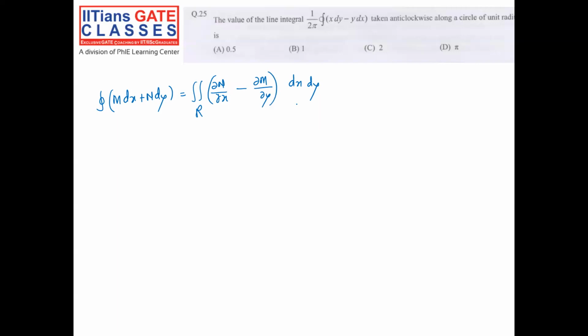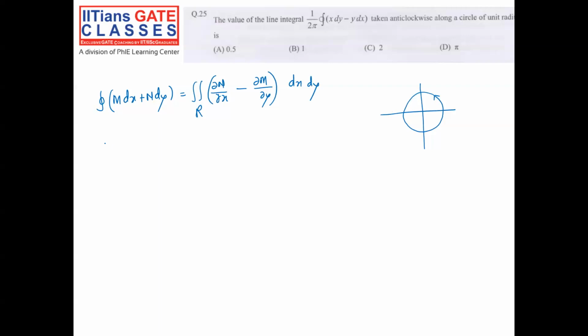So now applying this theorem, let's try to simplify this problem, where our region of interest is the circle with unit radius. Okay, so now what is N here? The coefficient of dy is N, which is x in this case.